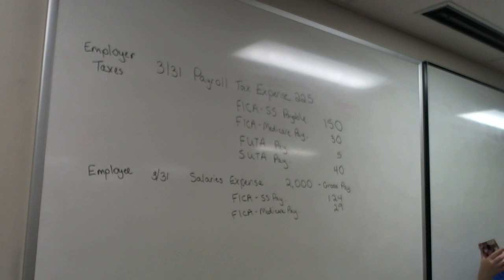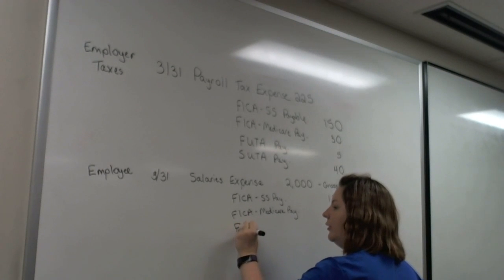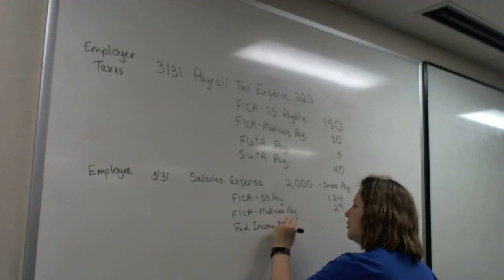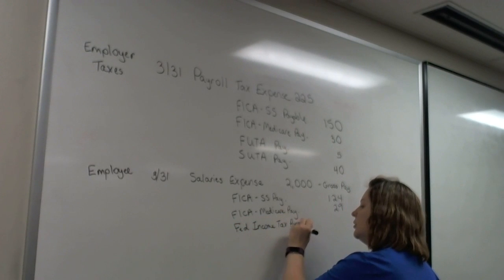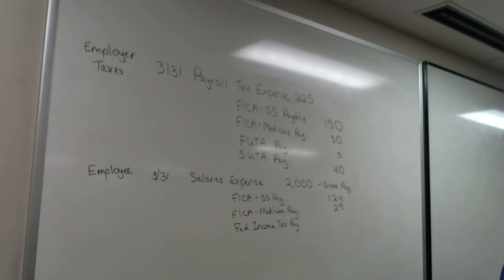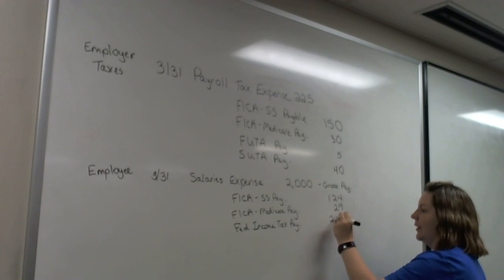And then from there, if whatever other withholdings or deductions they have, you'll probably have at least federal income tax, which is usually some percentage, they'll give you the percentage. We'll just say that's 200.